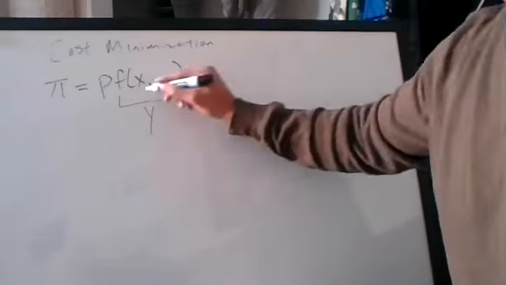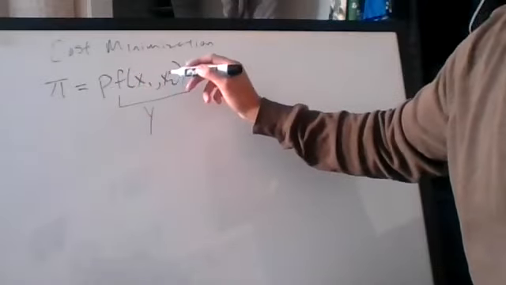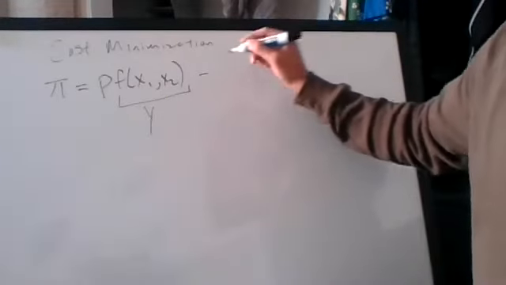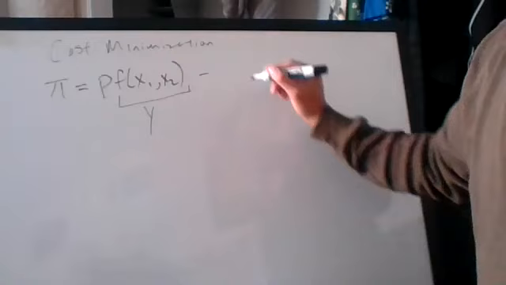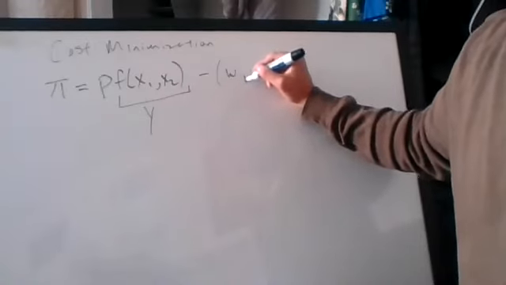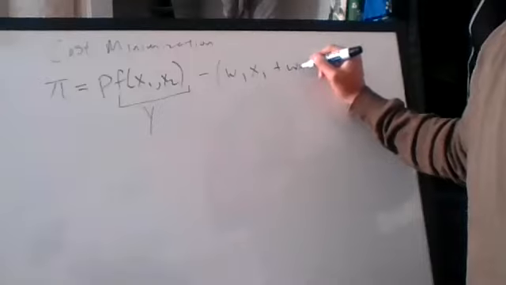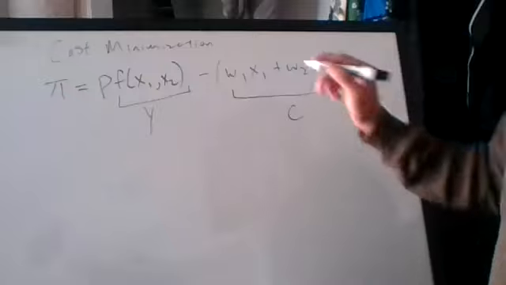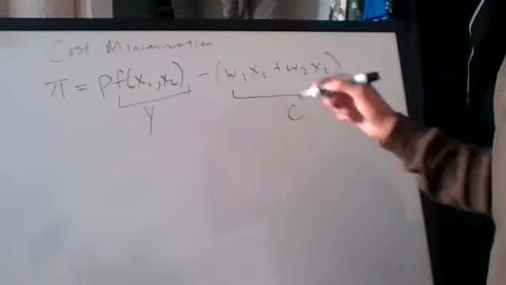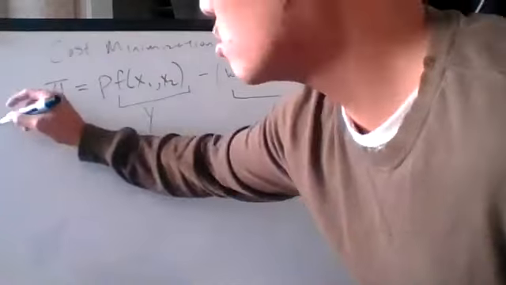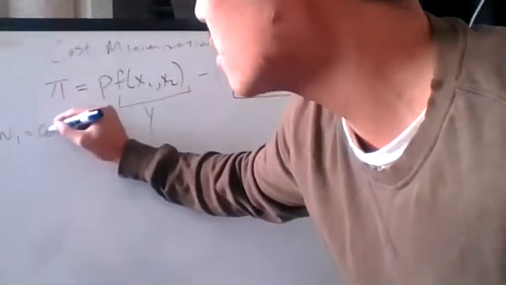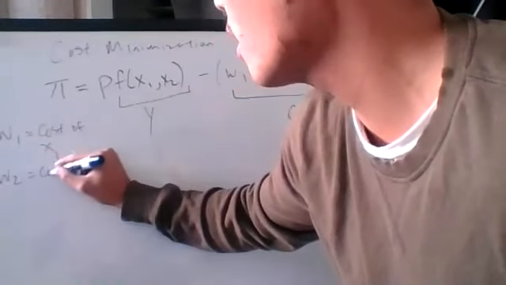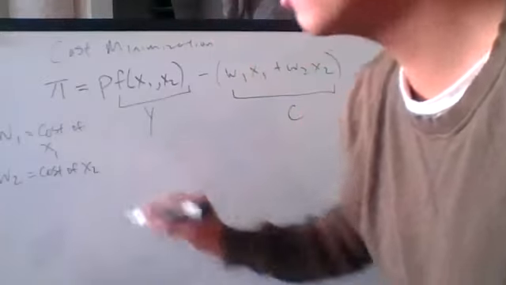And so this is, right, price times the amount that we sell. This is our revenue. And we're going to say that this subtracted by the cost is going to be equal to our profit, right? So cost is what we call W1 X1 plus W2 X2, right? And so this is equal to C, right? And so hopefully you guys are familiar with the notation here, but just as a refresher, W1 is equal to the cost of X1 and W2 is equal to the cost of X2, right?